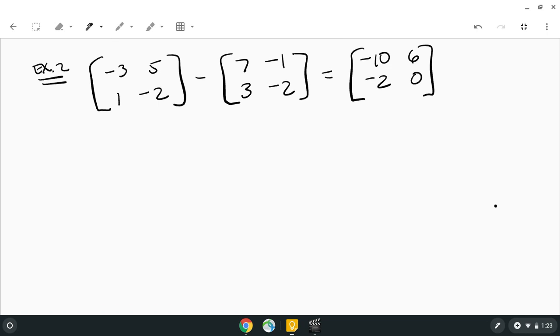All right, scalar multiplication. We have two kinds of multiplication when we're dealing with matrices. We can multiply by a scalar, like a real number, so we can take this matrix here and multiply it by 2.